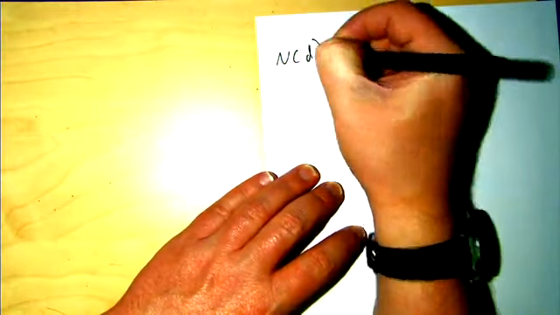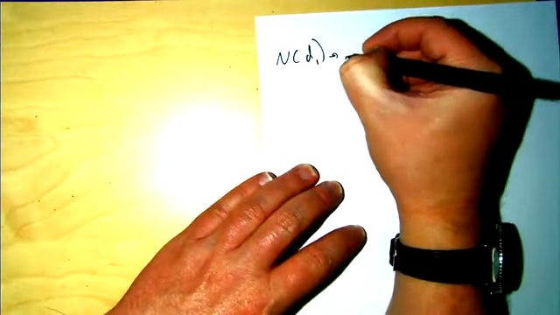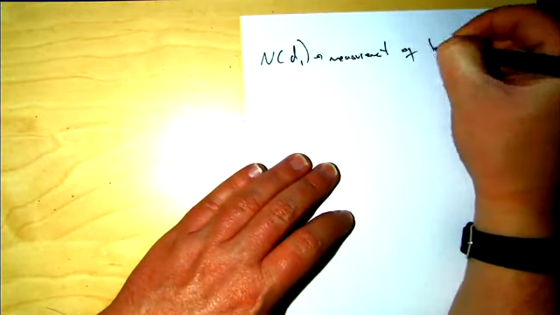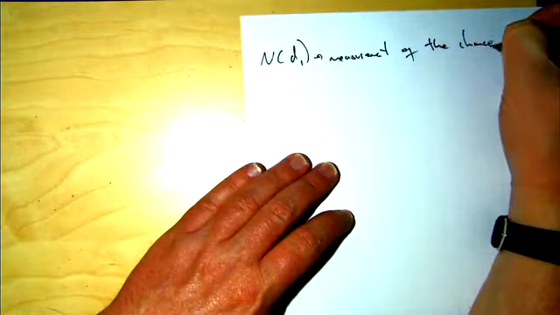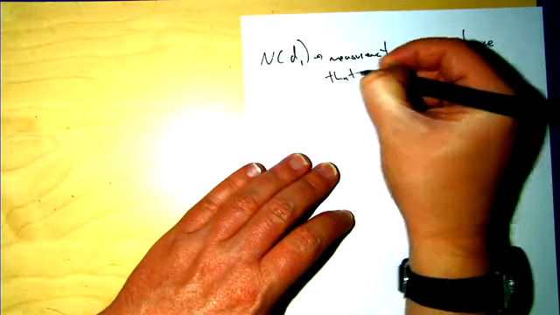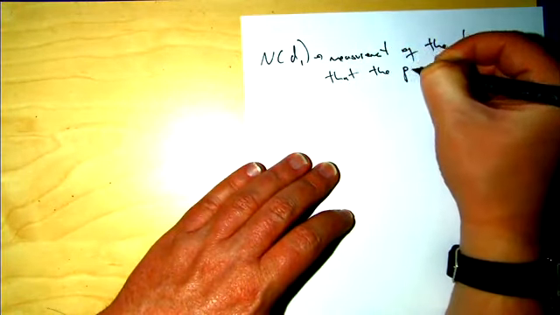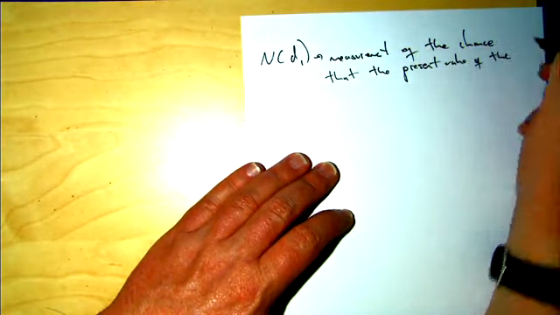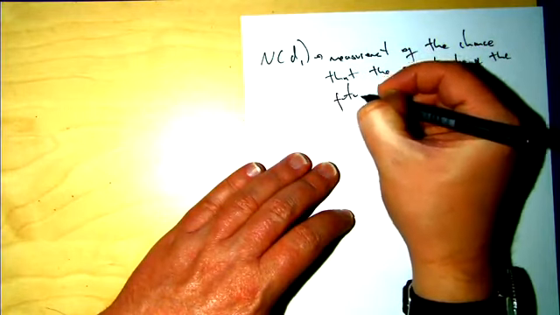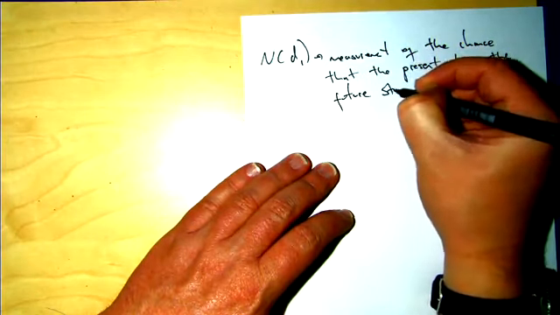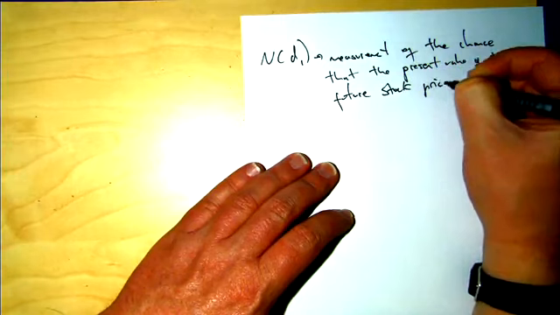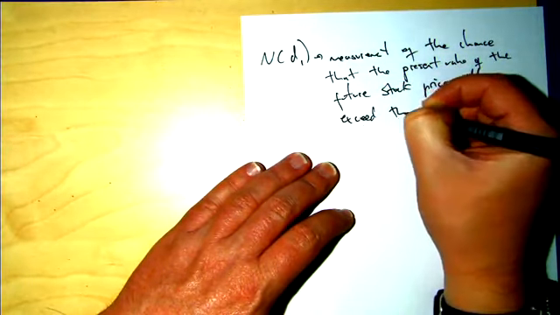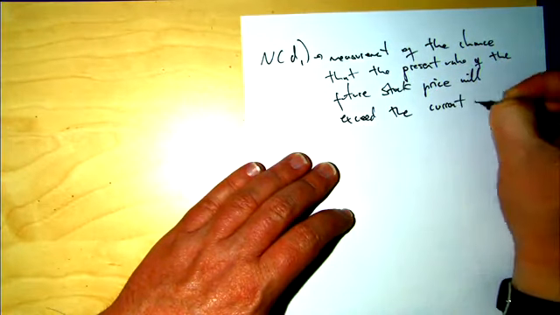So N of D1 is a measurement of the chance that the present value of the future stock price will exceed the current stock price.